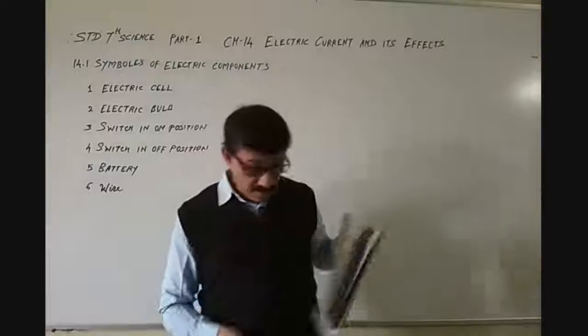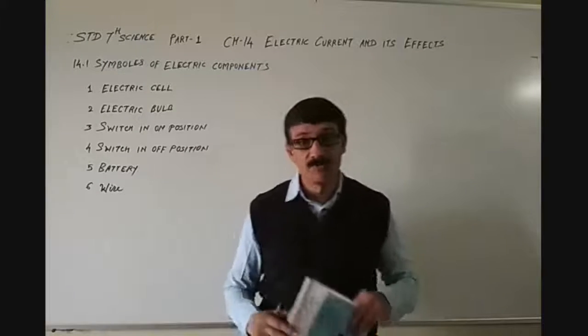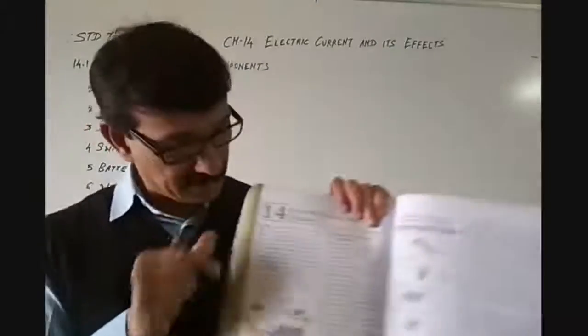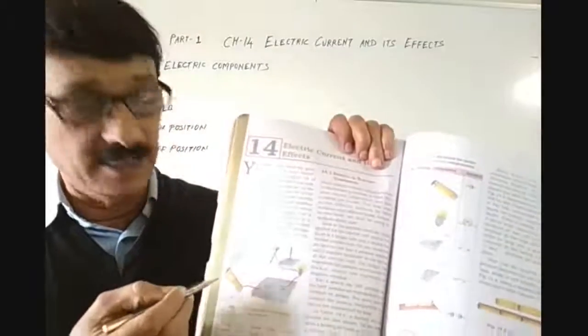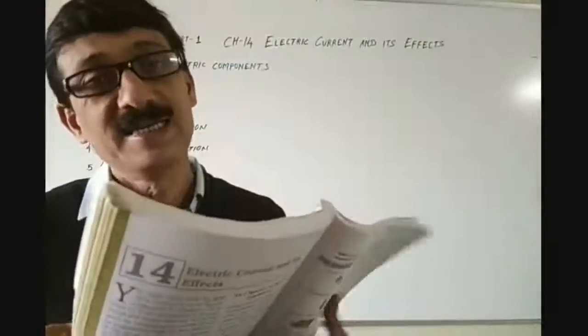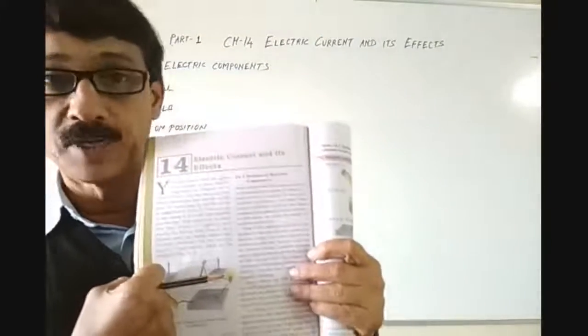We are aware of the circuit that if the circuit is completed, or if we join the last ends of this circuit with the cell, then the circuit gets completed and the bulb will glow.